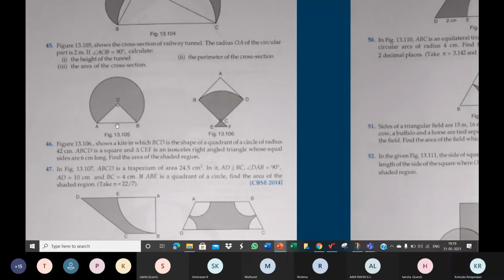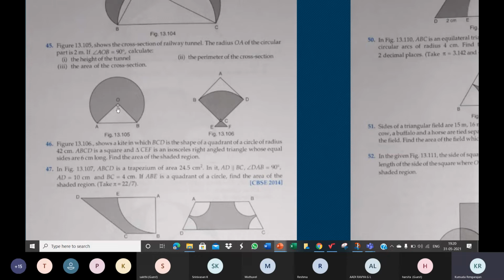To find OD, you can use trigonometry. This angle is 90 degrees, so this will be 45, this will be 45.